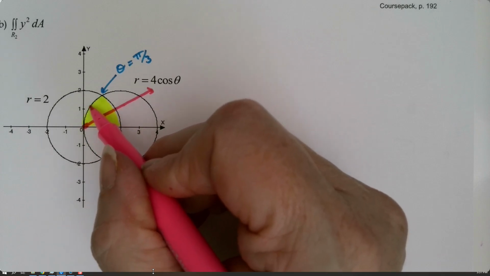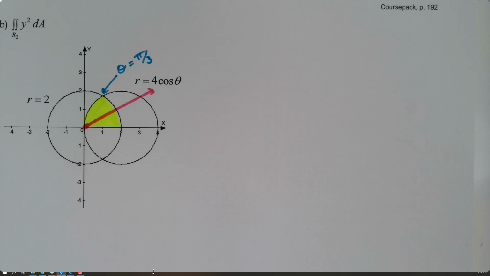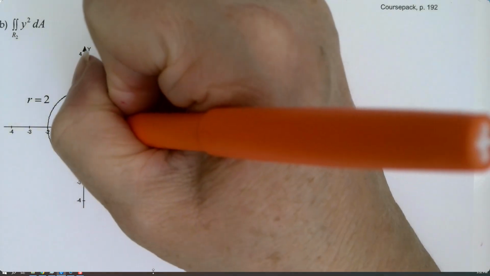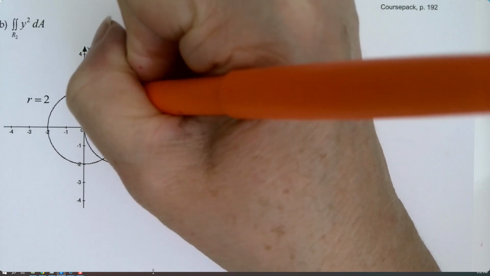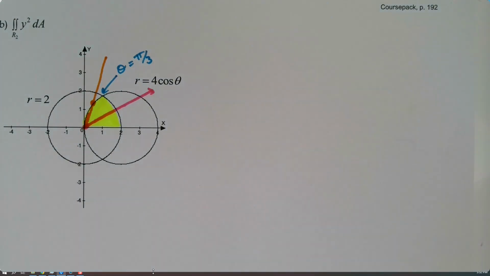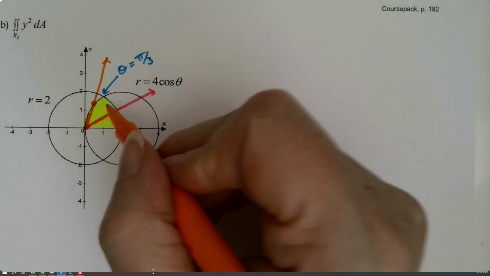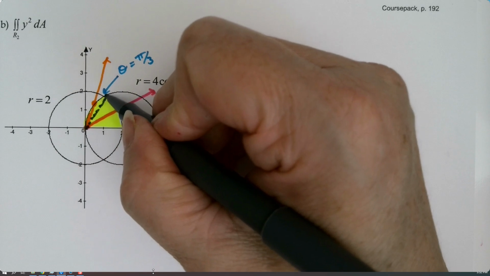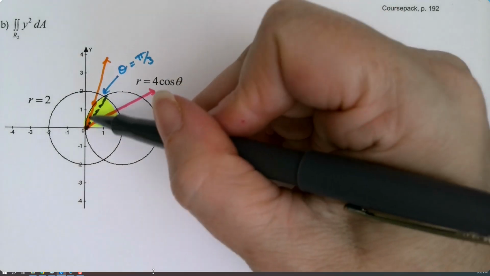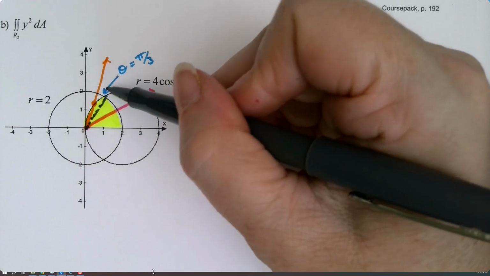And then for this piece over on the left, a spoke would work differently. Let me do it in orange. It would go from the origin up and would hit right there. Uh-oh. That means we need two integrals. We need one for, and let's see the dividing line. The dividing line is right here. We need one for from 0 up to that piece, right? Up to pi over 3, right?